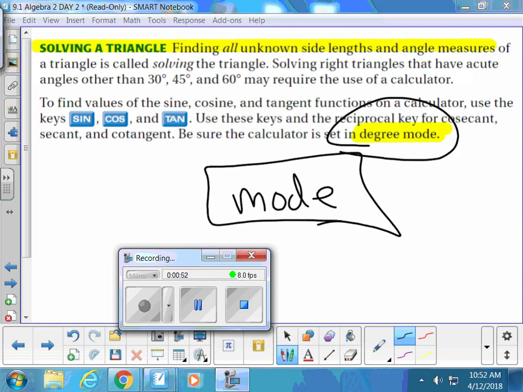You want to scroll down to where it says radian and degree. Most of you probably have radian highlighted right now. We need degree to be the one highlighted. So you just take your cursor down there and click enter, and that's as easy as it is. You'll find out real quick if you're in the wrong mode, because you won't be getting the same answer we're getting. If you got yourself into degree mode, can you check to make sure your neighbor got themselves into degree mode? Be a helper out.